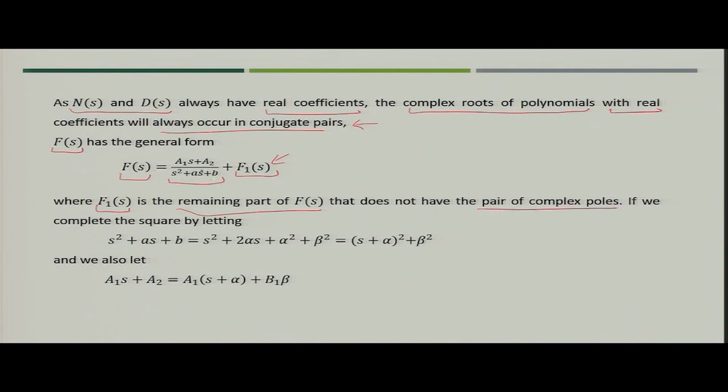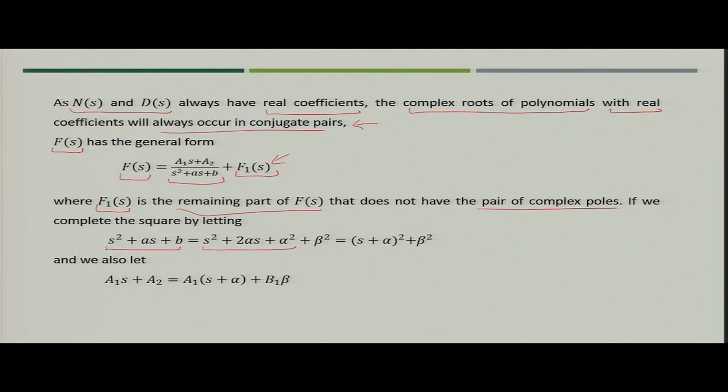In the denominator you have the term s square plus a s plus b. You need to complete the square in the denominator. So we add a few terms and subtract a few terms in the polynomial and rearrange in such a way that it looks like s square plus 2 alpha s plus alpha square plus beta square.